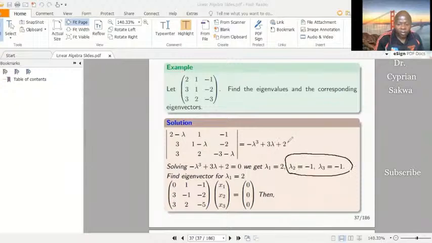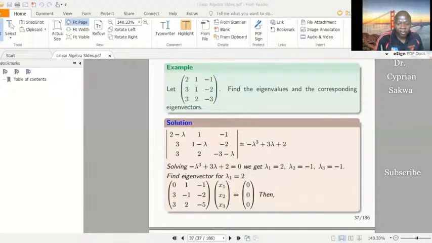When I solved this, I found that one of the results would be lambda 1 is equal to 2, another one would be lambda 2 is equal to negative 1, and the other one would be lambda 3 is equal to negative 1. So then I wanted to show how to get the eigenvector for these two, which is of course the same thing. So let's just go straight to the eigenvector for these two.